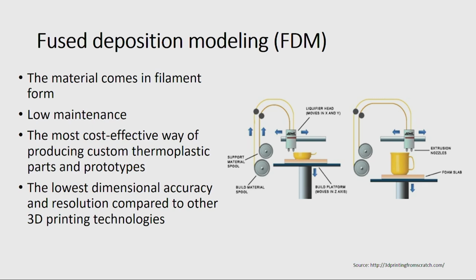FDM 3D printing has the lowest dimensional accuracy and resolution compared to other 3D printing technologies. But one more thing is that there are industrial grade FDM 3D printers and home use or personal use FDM 3D printers.